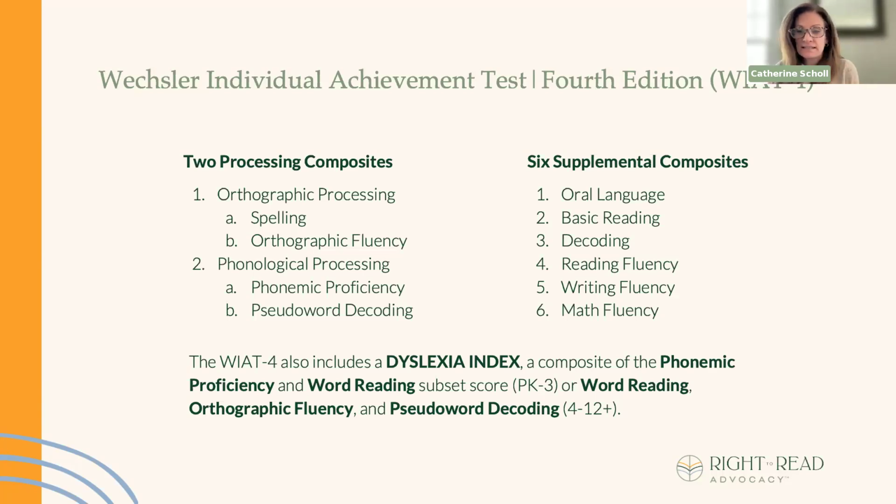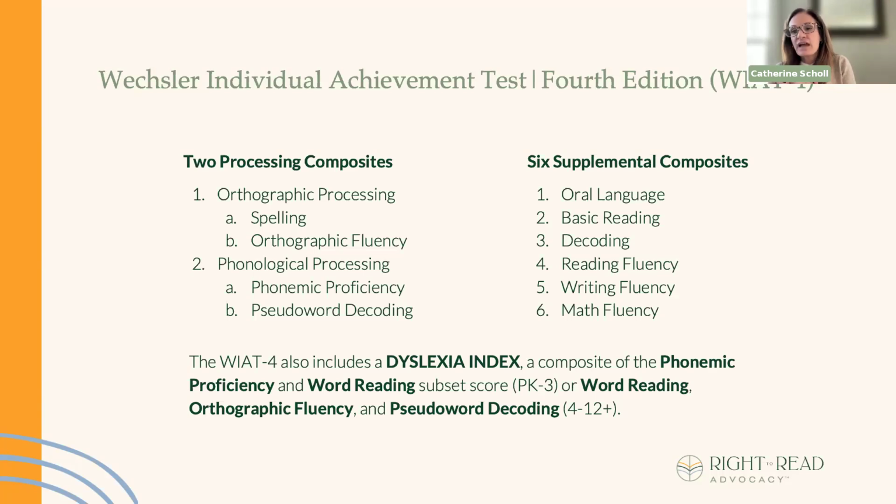What the dyslexia index does is it takes 4 of our subtests, being phonemic proficiency, word reading, orthographic fluency, and pseudo word decoding, and we put them into a composite score on their own, right? So we're not looking at math. We're only looking at the skills that we know children with dyslexia struggle with, and we are coming up with a score for that.